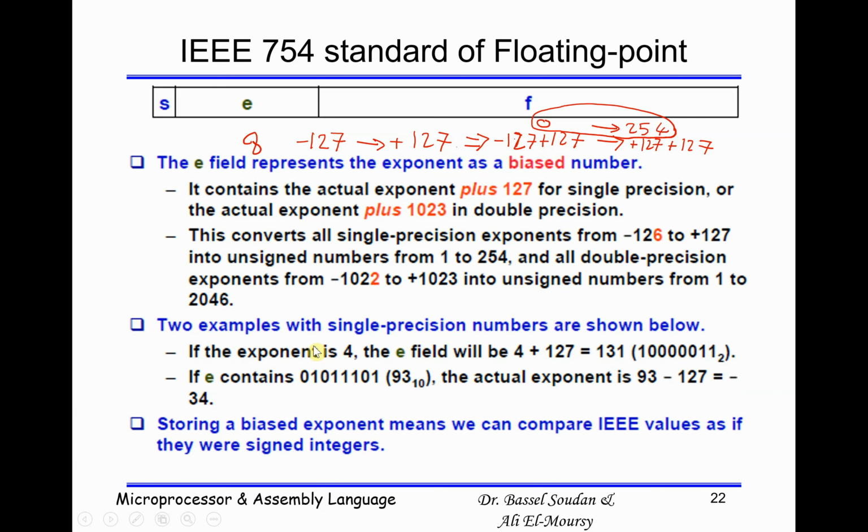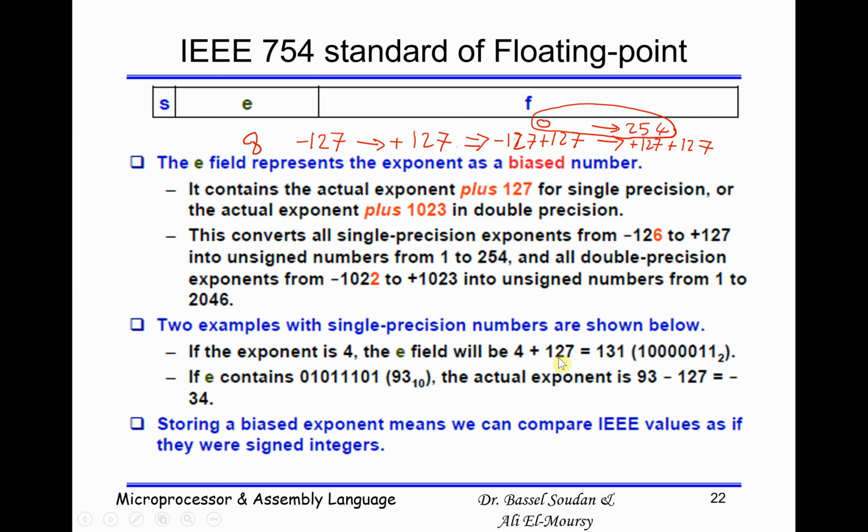If the exponent is 4 and I want to store it into the floating point, I have to bias it first.